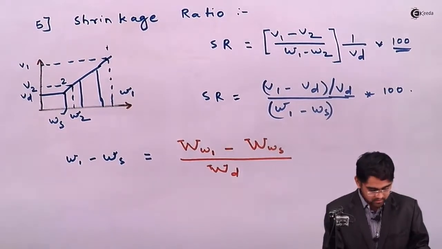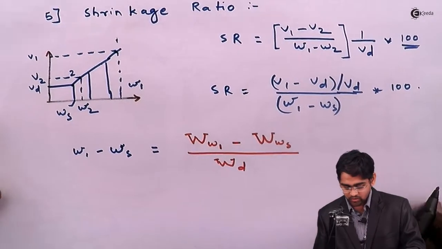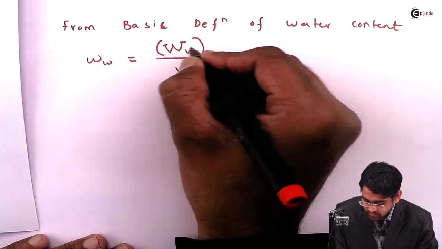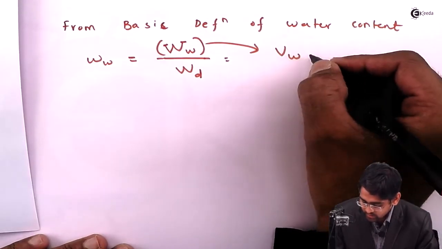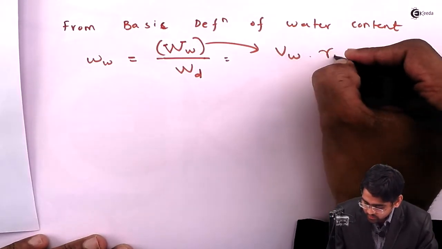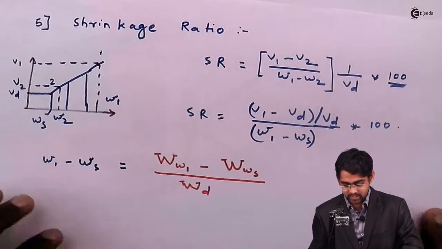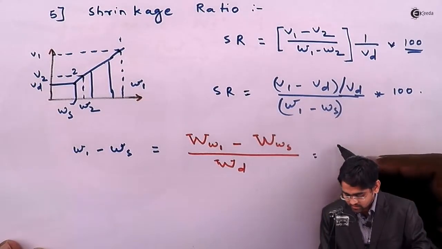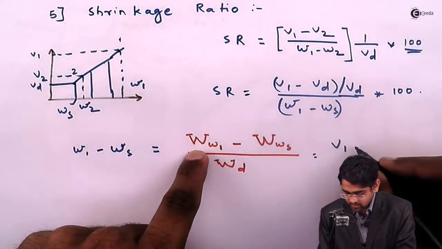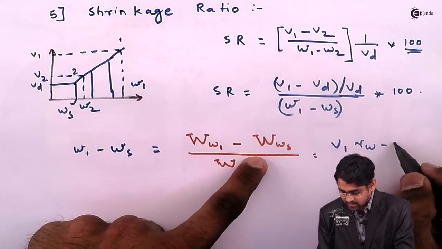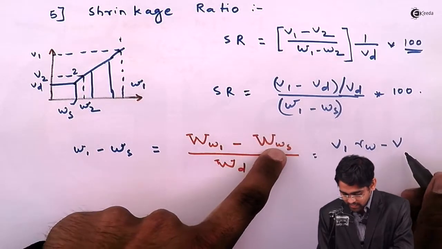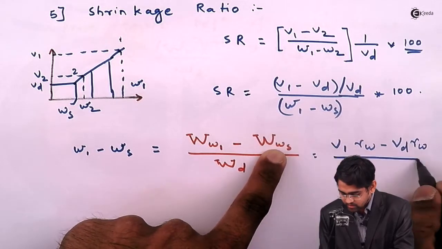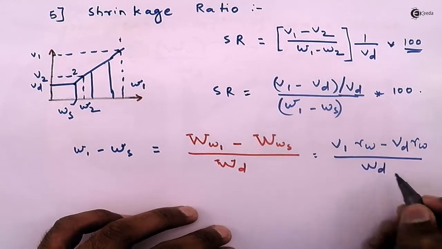But again I'll replace the weight of water by volume of water into gamma W. If I just do it, it becomes V1 into gamma W minus, at the shrinkage limit, Vd into gamma W, divided by capital WD.